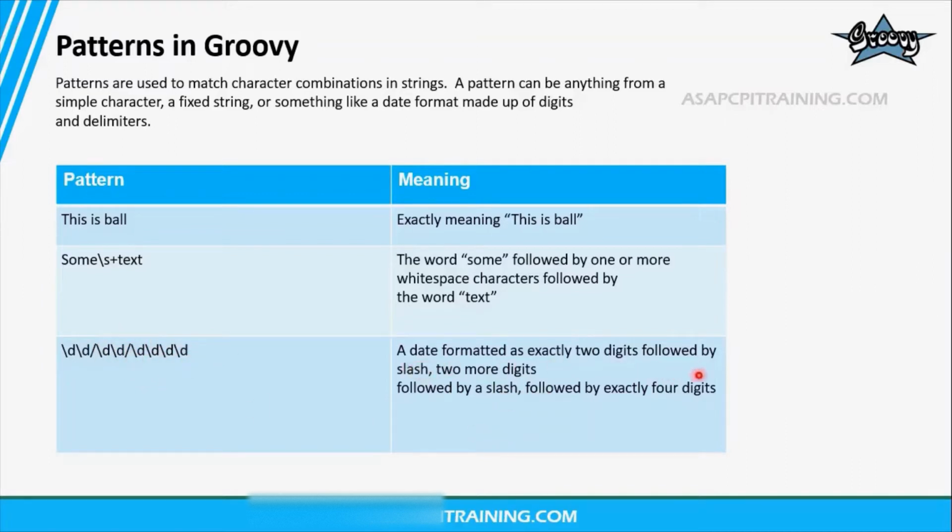So you can say a date formatted as exactly 2 digits followed by slash and 2 more digits followed by slash and followed by exactly 4 digits. Here you can see these slashes in between. The slash d defines the digit and this slash defines the format. Then you have DD, MM, YYYY. So this is our date format. In this way you can define your regular expression or pattern.